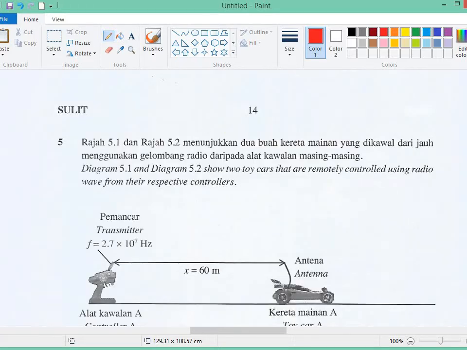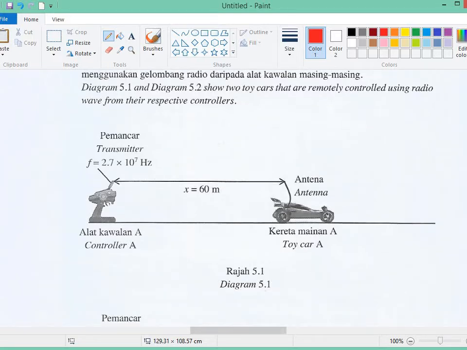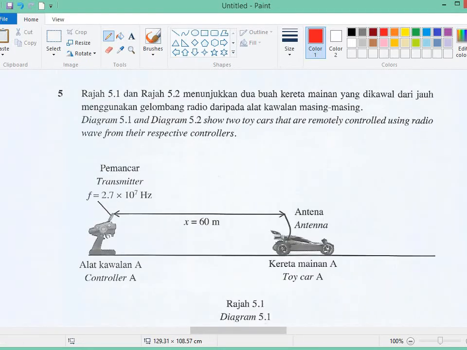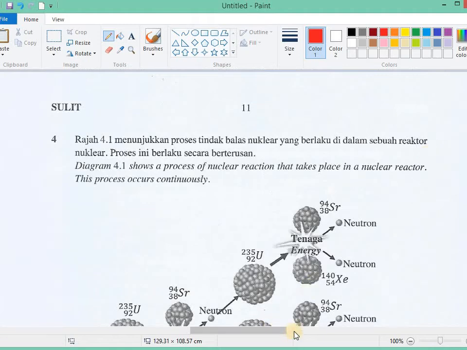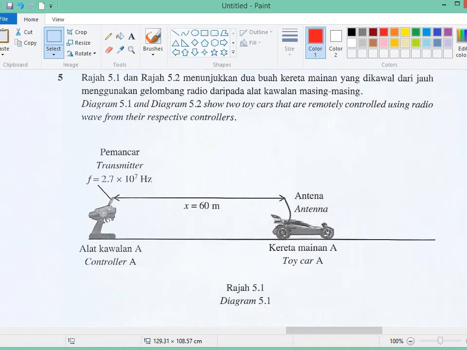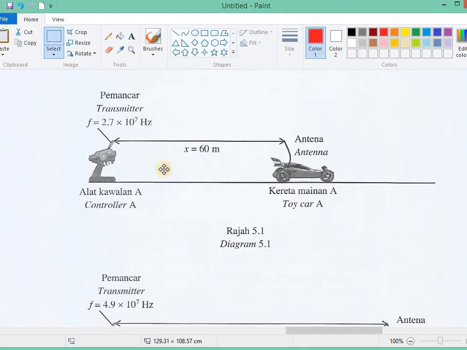All right, next number 5. Diagram 5.1 and 5.2 show two toy cars that are remotely controlled using radio wave from their respective controllers. Controller A can transmit frequency 2.7 times 10 power by 7 hertz.